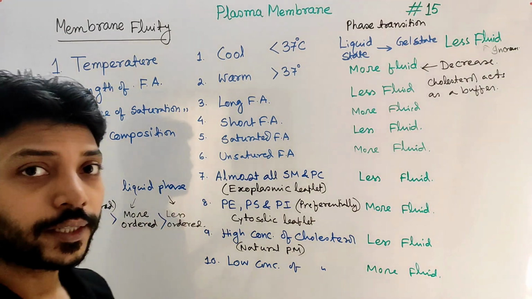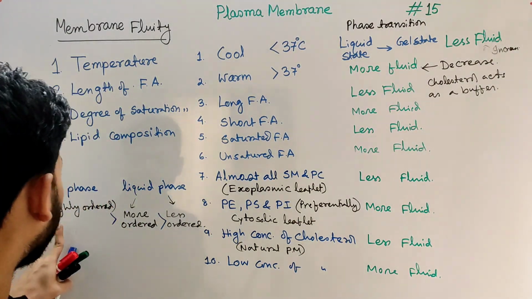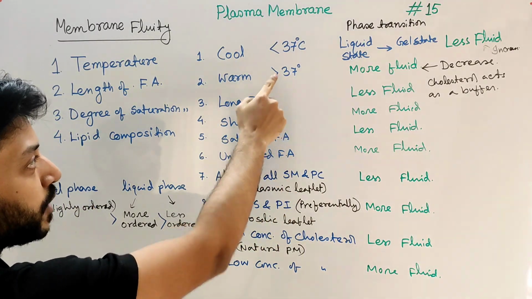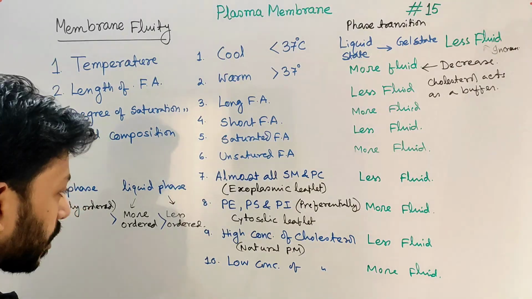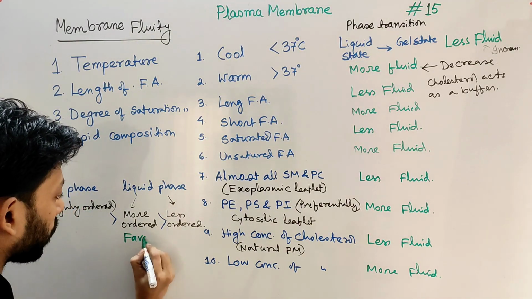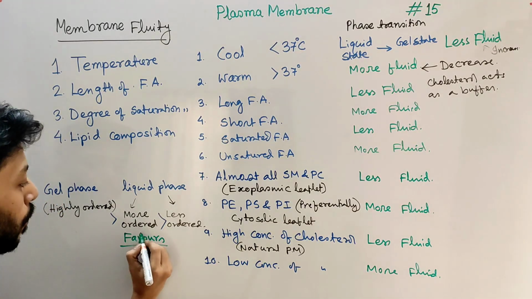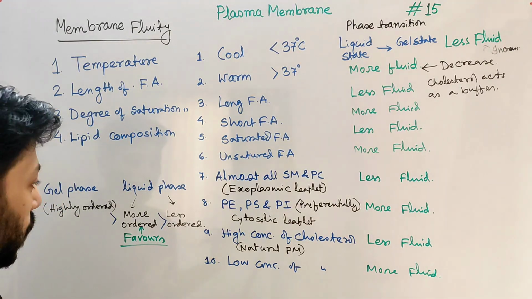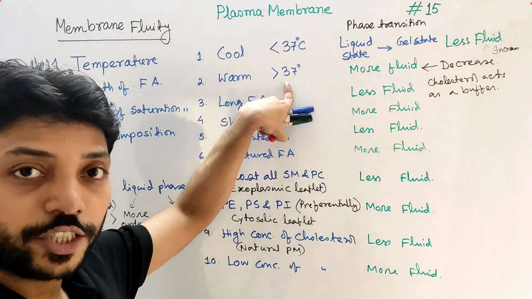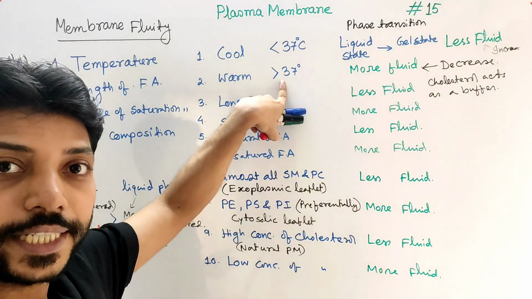Now cholesterol has opposite effects on the gel phase and liquid phase. Above the phase transition temperature, that means above 37 degrees centigrade, cholesterol favors the more ordered liquid phase, okay. But cholesterol disrupts the gel phase, okay. So what I am talking about, above the phase transition temperature, that means above 37 degrees centigrade, what will happen?